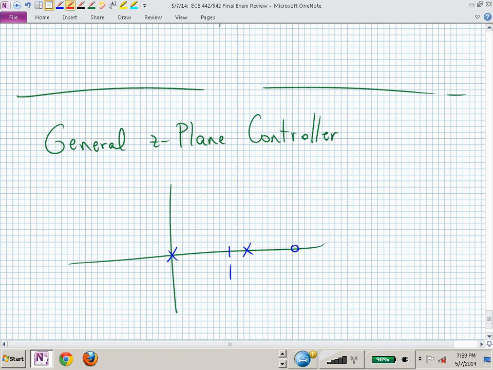No, because that rightmost pole is zipping off to that 0 if we have negative unity output feedback, right? So how do we get rid of that branch between that rightmost pole and the 0? What's one strategy?